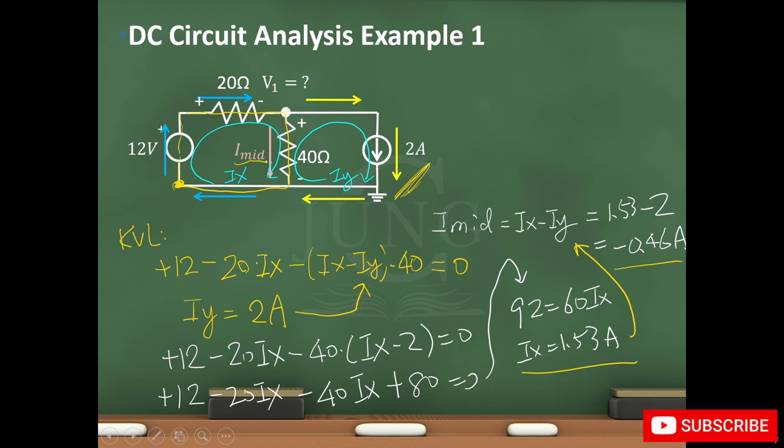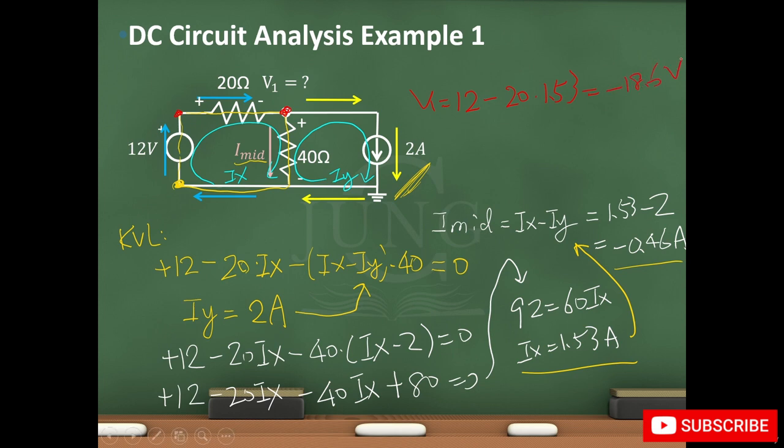Now we have every information, we can calculate V1. So V1 equals 12 volts minus the voltage drop across the 20 ohm resistor, and that is 20 times 1.53 amp. So that gives us minus 18.6 volts, and that's our answer.